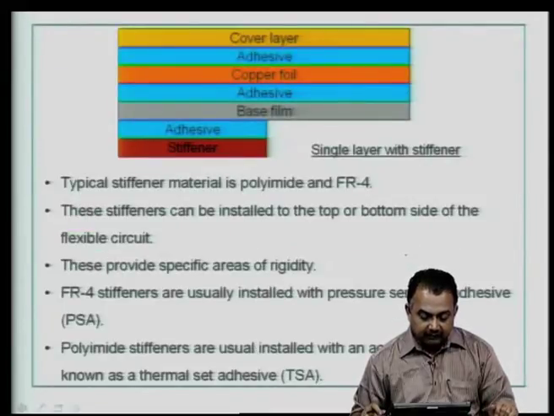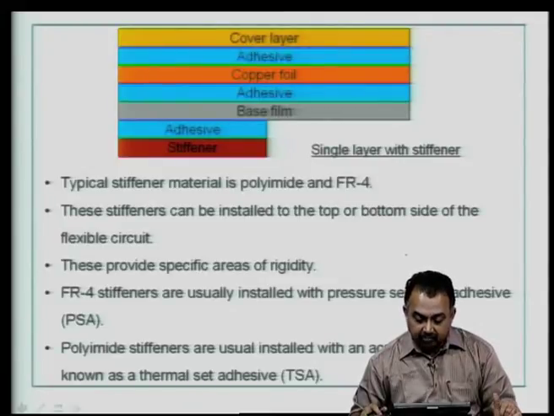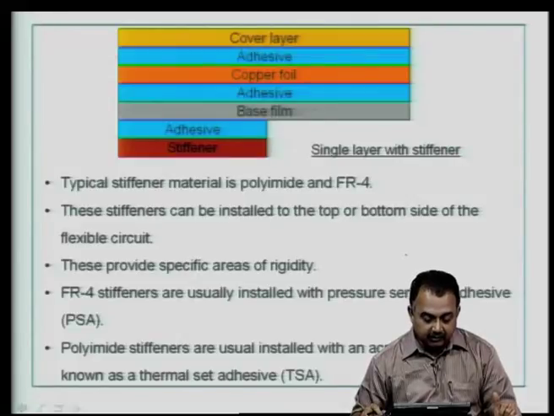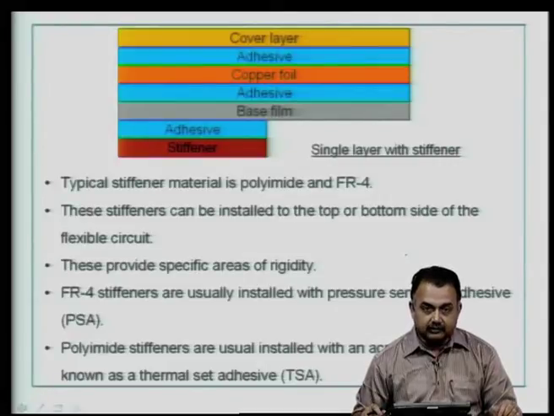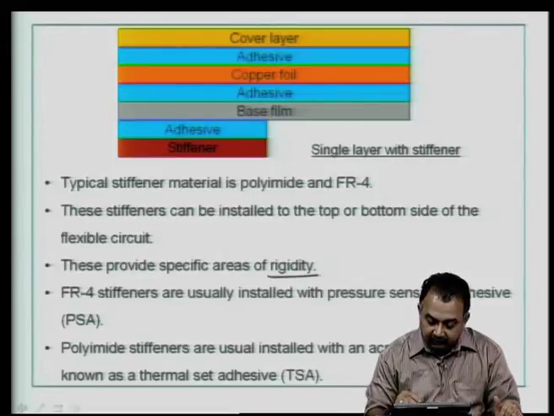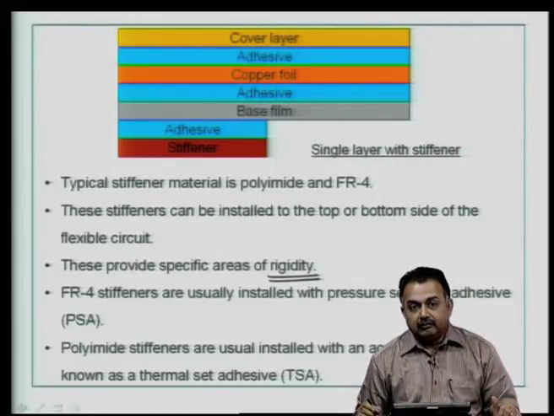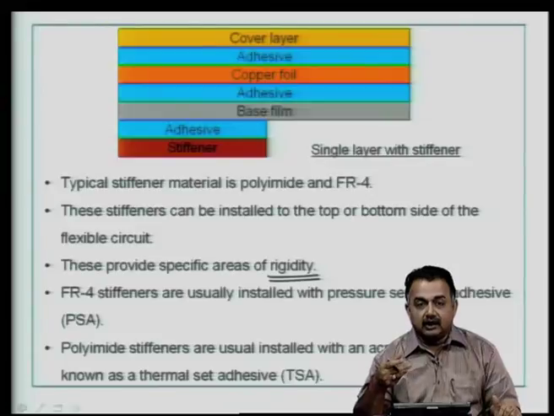So, typical stiffener material is polyimide and FR4, that is epoxy material, flame retardant glass epoxy material. These stiffeners can be installed to the top or bottom side of the flex circuit. These provide specific areas of rigidity. Okay. These can hold all the layers together.